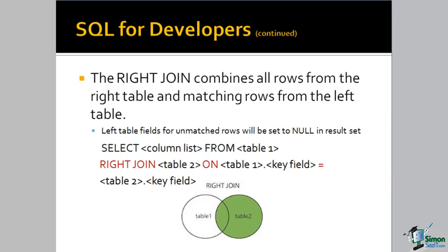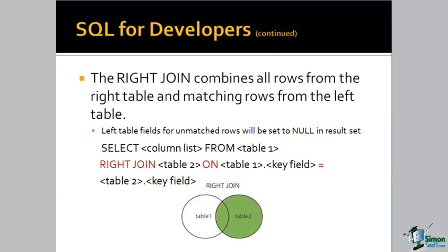The syntax is identical other than the keyword right join. We're going to right join some table on the common data fields between those two tables. In the case of a right join, all of the data from the right table will be returned, as well as the matching data from the left table.